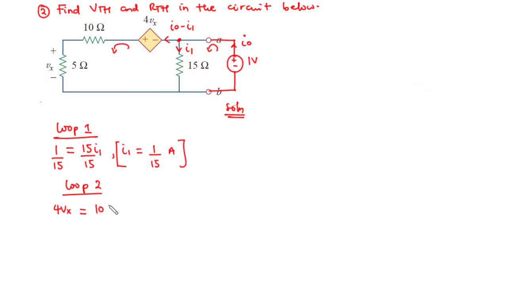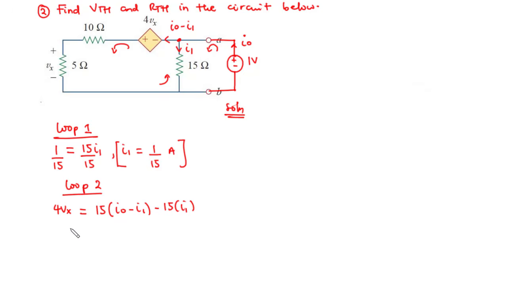So that becomes 10 plus 5, so we can just write 15, times I0 minus I1, and then here we have the current opposing the direction, so that's going to be negative 15 times I1.